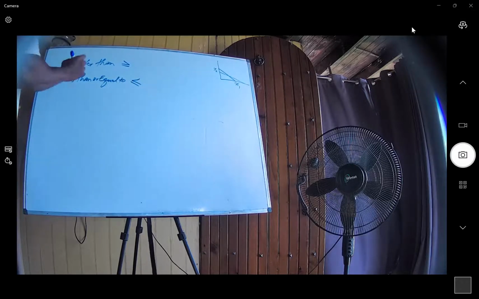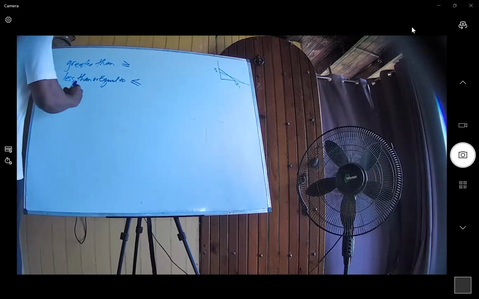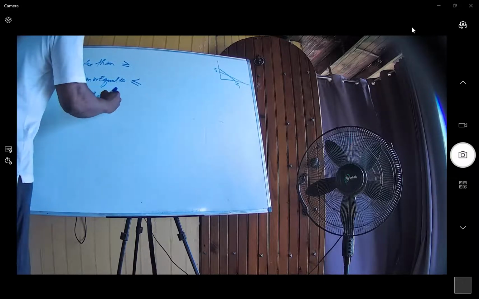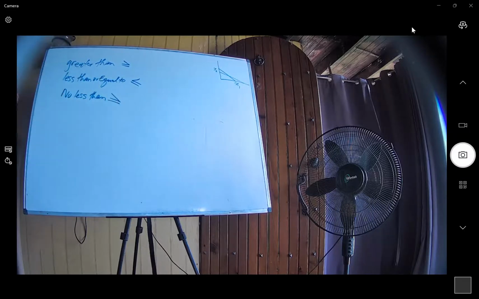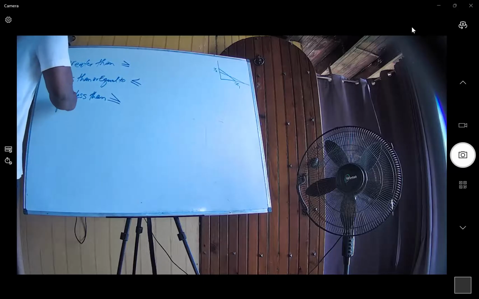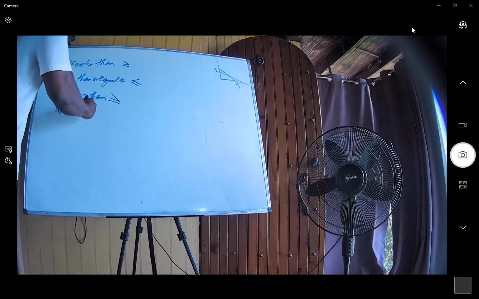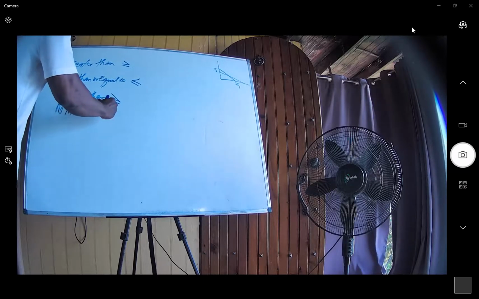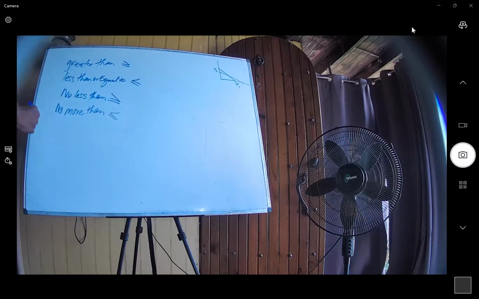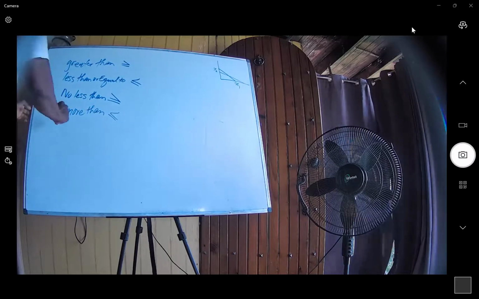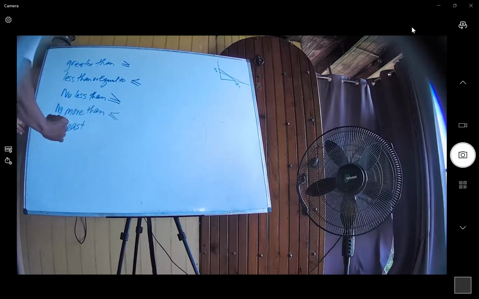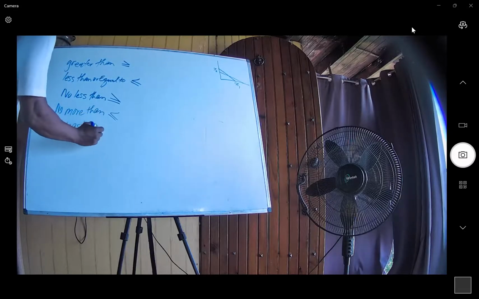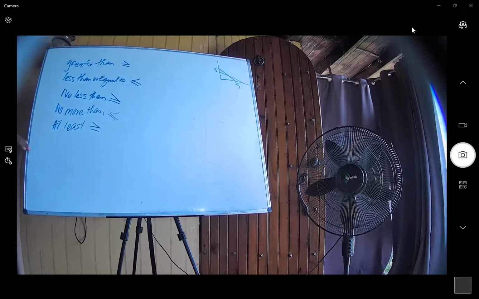We also said that we can say no less than, right? And if it's no less than, then it's greater than or equal to, right? And if it's no more than, we're talking about less than or equal to, okay? If we say at least, then we're talking about greater than or equal to, all right? So just bear this in mind.